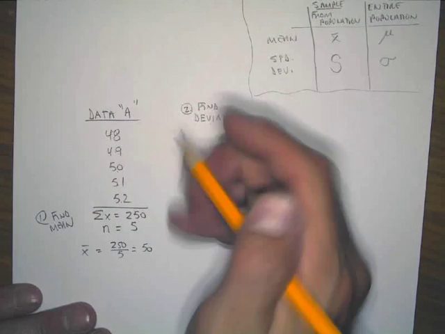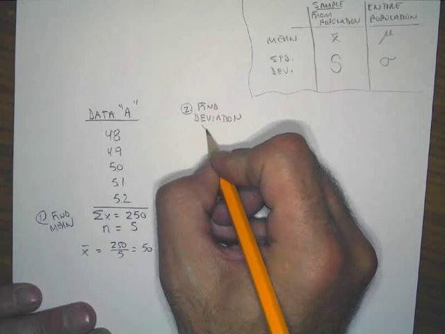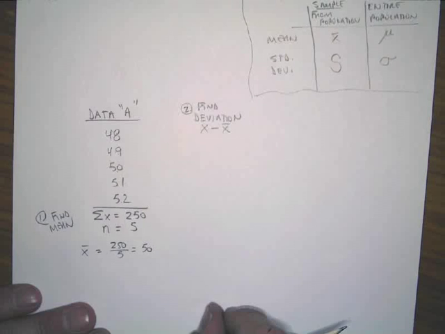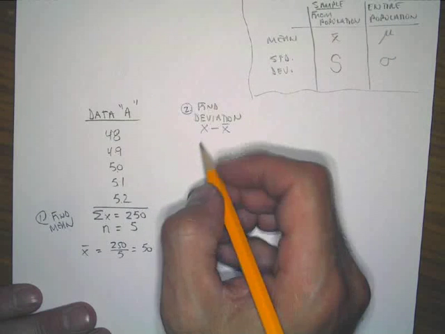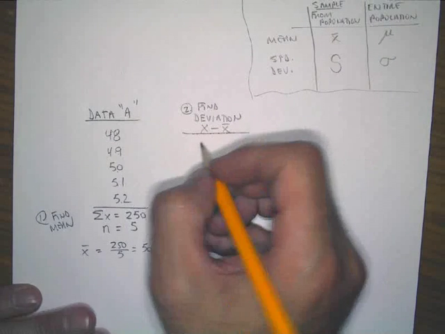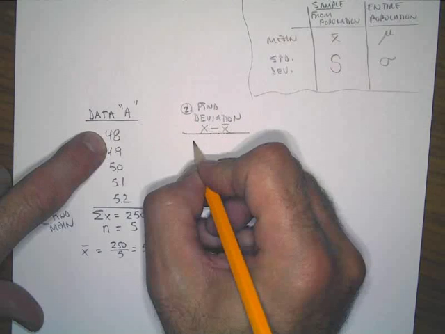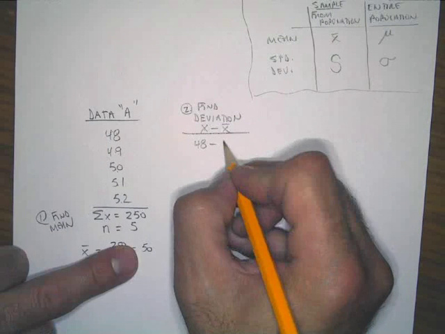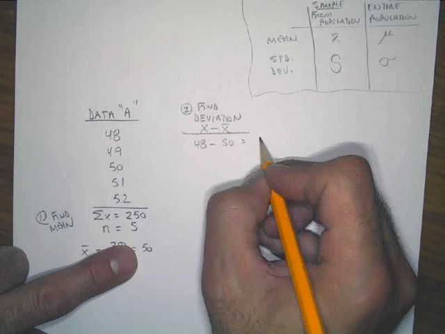We can do that by subtracting. So the first data point x is 48, and the mean is 50. That's -2.